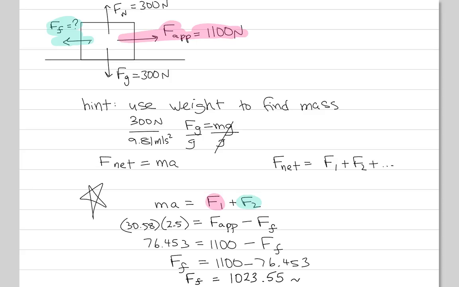How many sig digs we got here? 3? So 1.02 times 10 to the 3 newtons, or you could just say 1.02 kilonewton. That would also work.